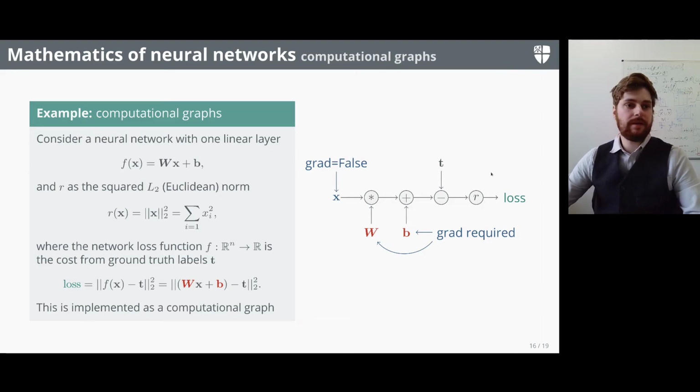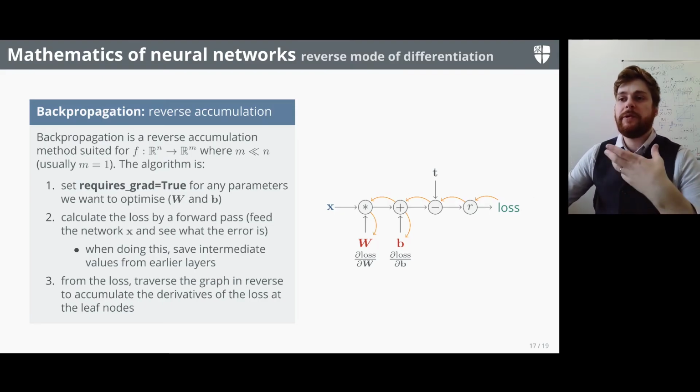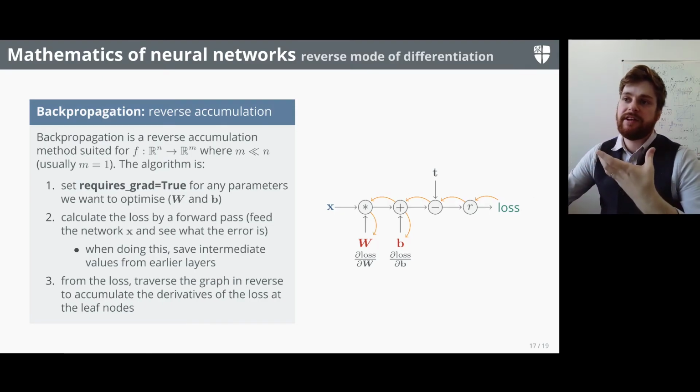And then, if you've been following everything so far, to differentiate the loss with respect to w and b, the obvious approach would be to start at the inputs and work your way down the graph.